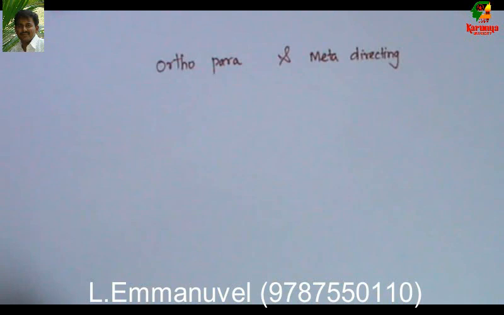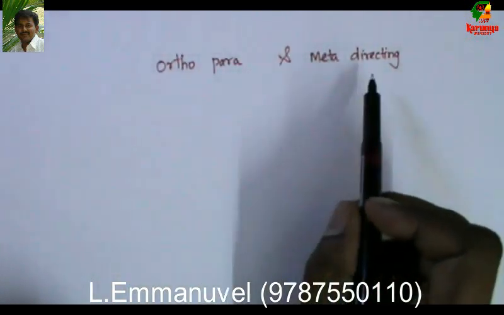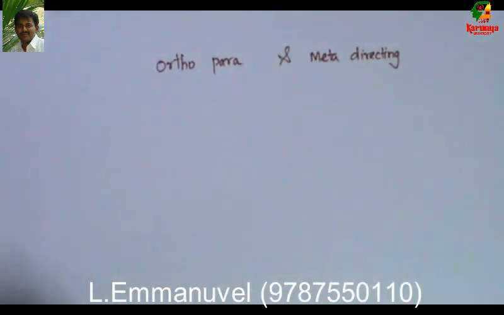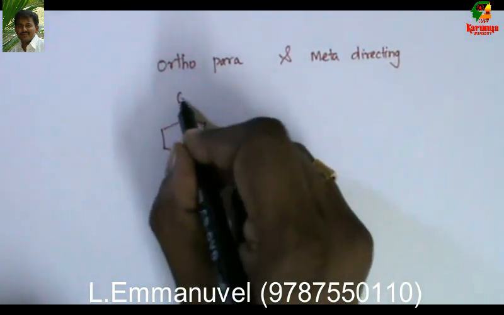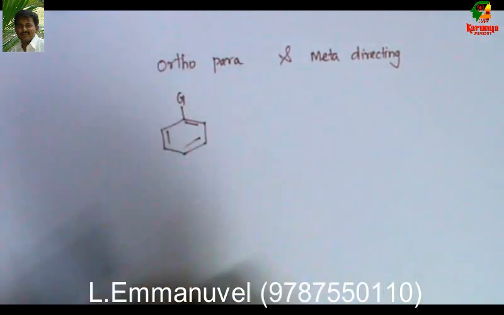Now the question is, what groups will direct to the ortho and para position and what groups will direct to the meta position? Generally, our students memorize the groups, but it is easy to understand. Let us consider a system like this.